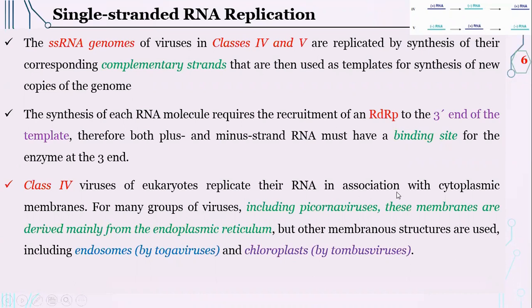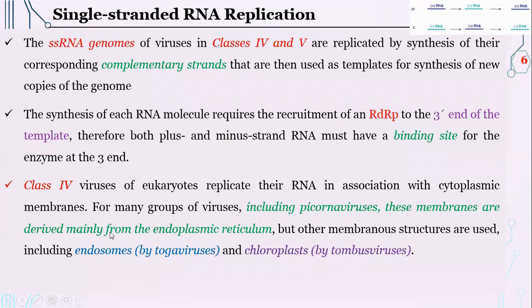They replicate in association with the cytoplasmic membrane. They need membranes to multiply themselves. So for many groups of viruses, including Picornaviruses, these membranes are derived mainly from endoplasmic reticulum.